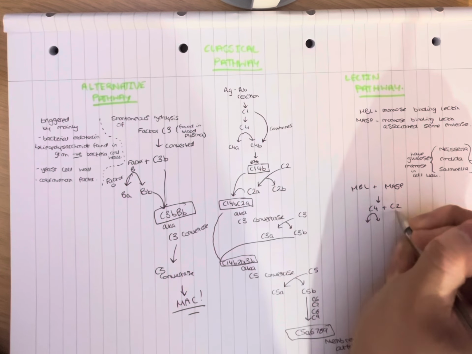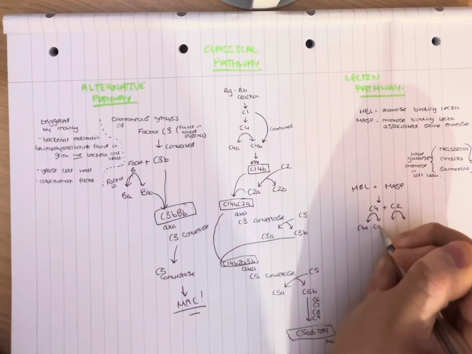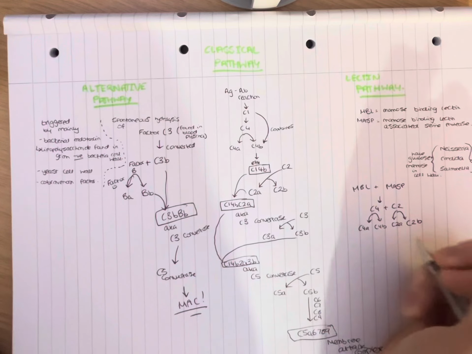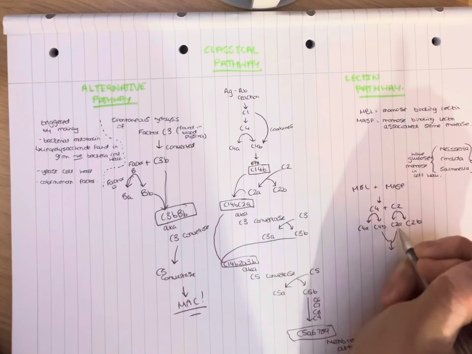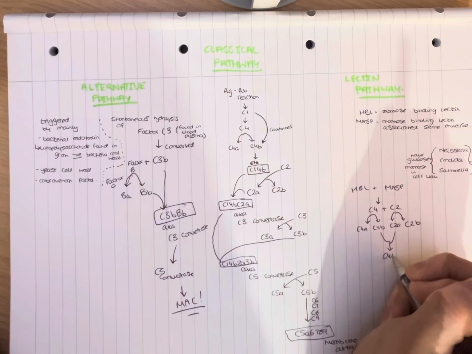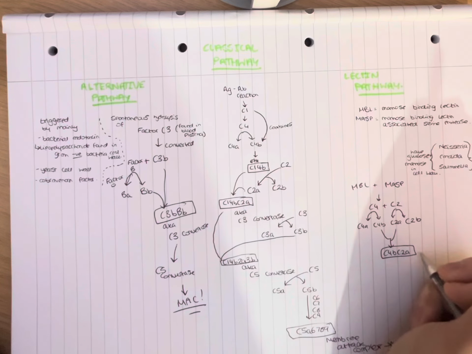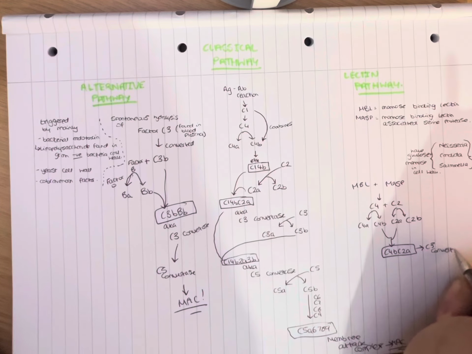These would then split into C4A, C4B, C2A, C2B. Now these two, C4B and C2A, would combine to form C4B2A, and you can probably guess it. This enzyme would be known as C3 convertase.